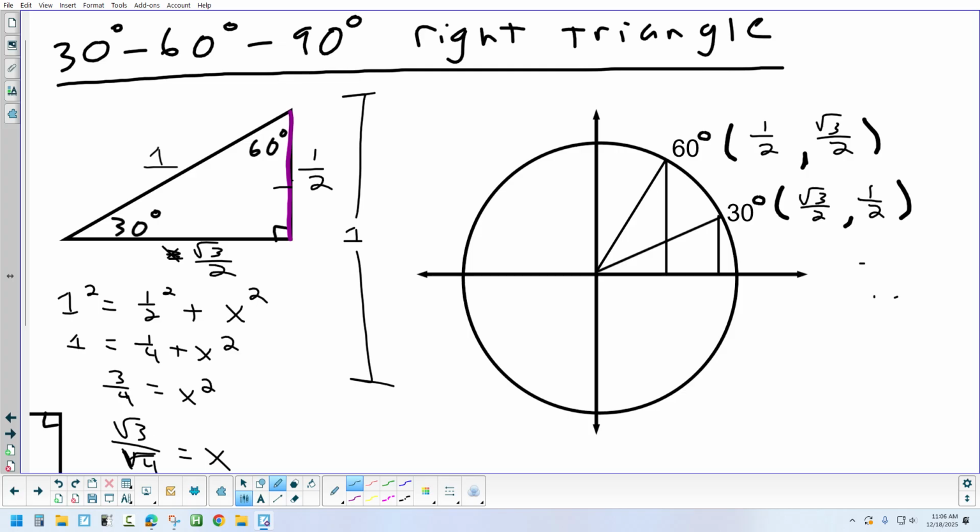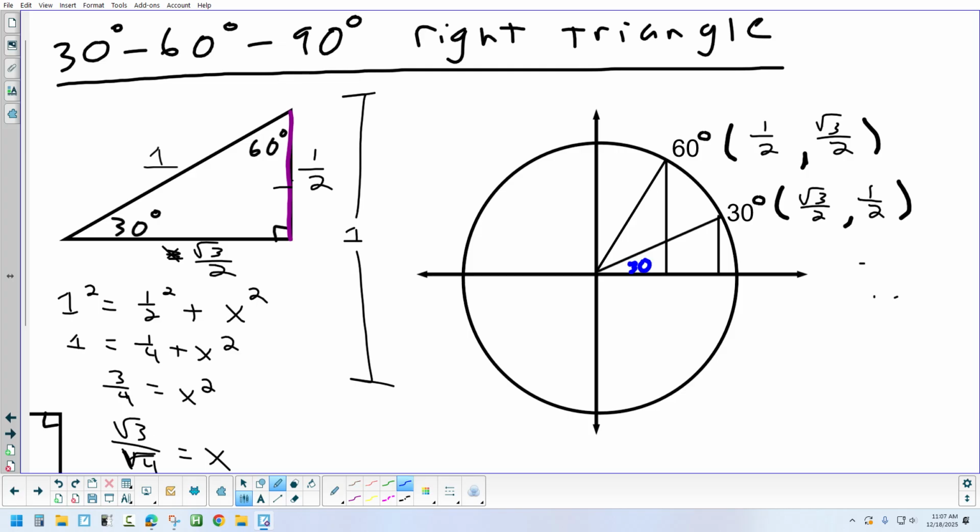Root 3 over 2. The square root of 3 is about 1.7, and root 3 over 2 is about 0.86. 1/2 is 0.5.